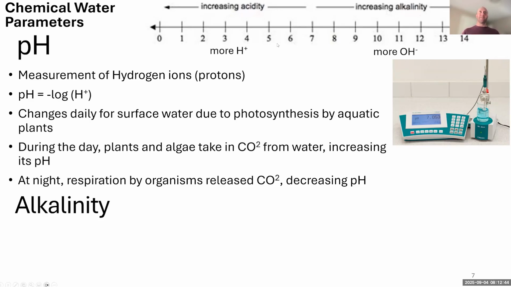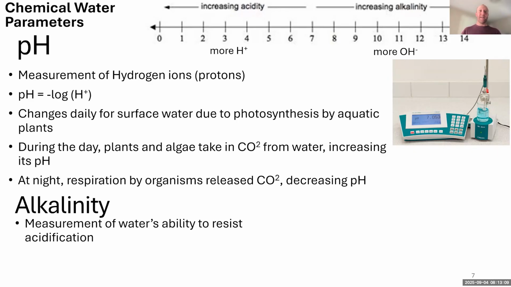Excuse me, I had these backwards. Increases up here, decreases down there. So during the day, there's increased pH. During the night, there's decreased pH. Excuse me, I was mixing those up. During the day there's decreased carbon dioxide, and that is increasing the pH because that's an acid. Okay, my apologies for mixing that up.